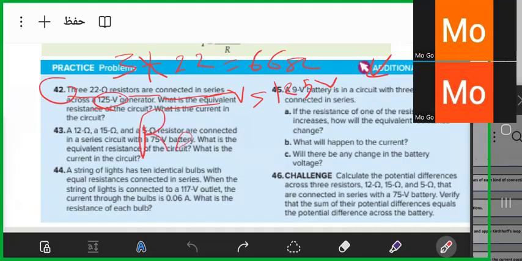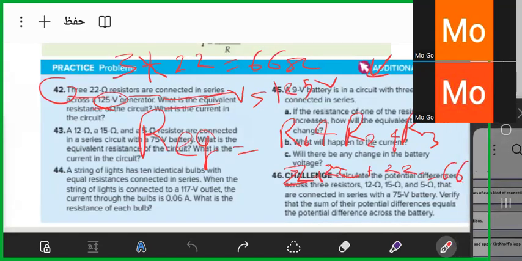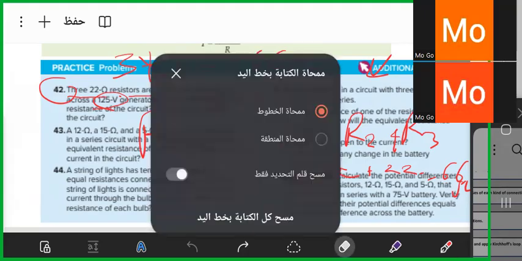R equivalent equals R1 plus R2 plus R3, 22 plus 22 plus 22, so it will be 66 ohm. Okay, we have found this one.